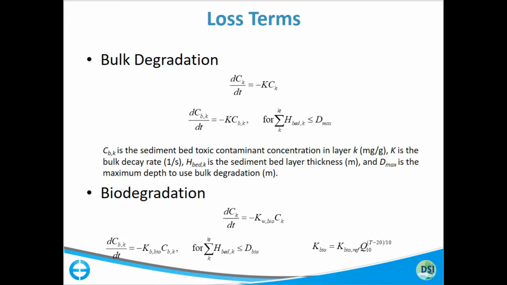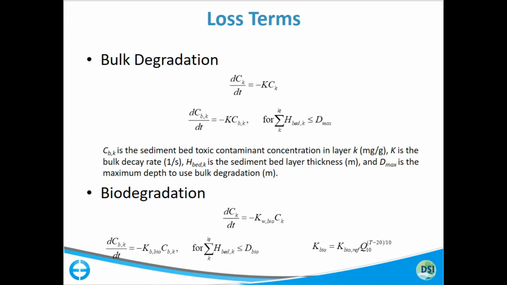So that's all, again, accounted for now with the new toxics model in EFDC+. So let's get back to bulk degradation now. This was in there, but we have added a limit so that you can put a depth limit. You probably don't want to apply the same bulk degradation rate at the surface as you do at the bottom.